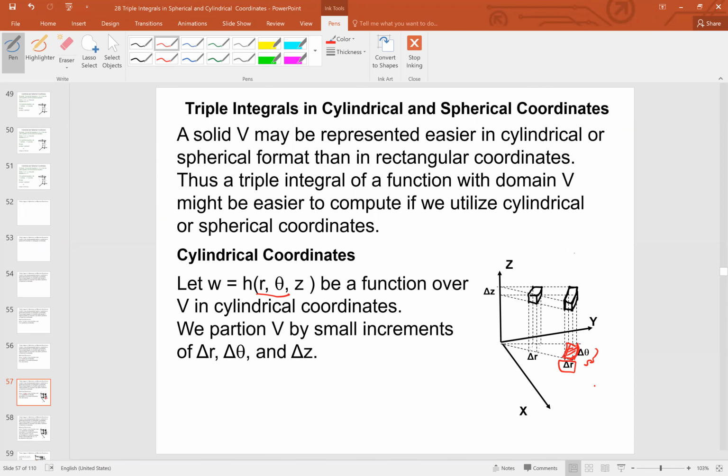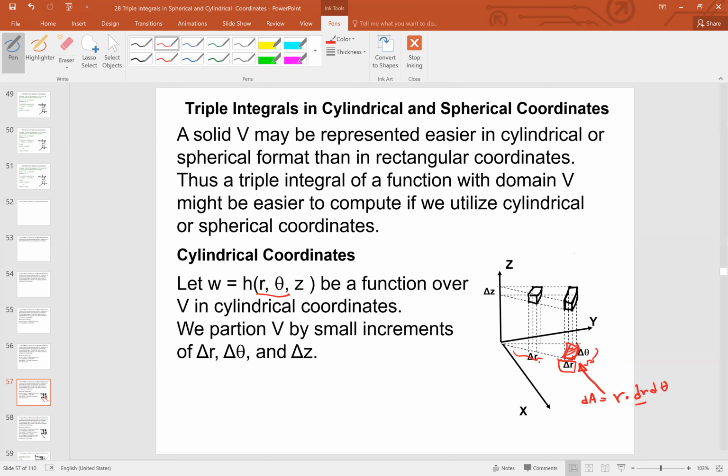From polar coordinates, we know that the area dA of this polar area is roughly r times dr d theta. That is how much you increase the radius and how much angle you increase by.